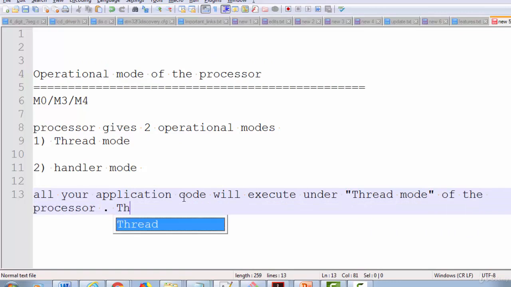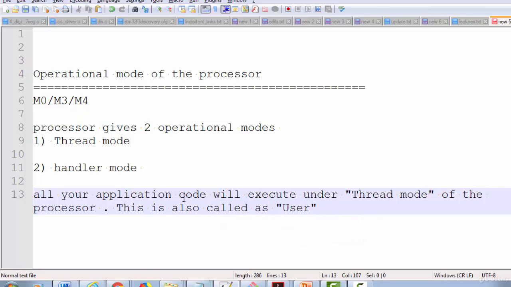This is also called user mode. You can call this mode user mode also. So your application code will execute under thread mode of the processor.